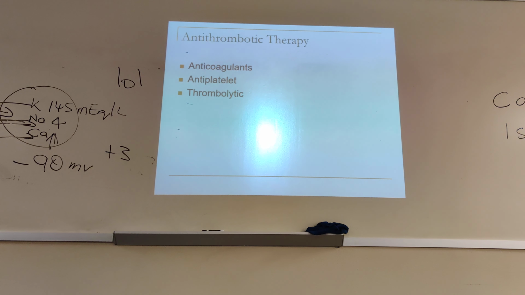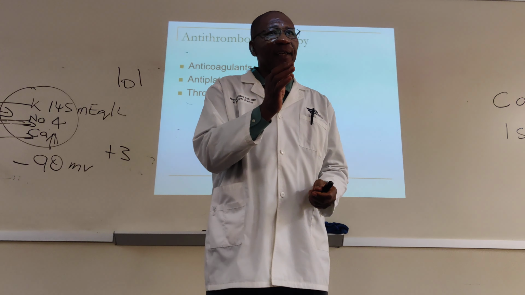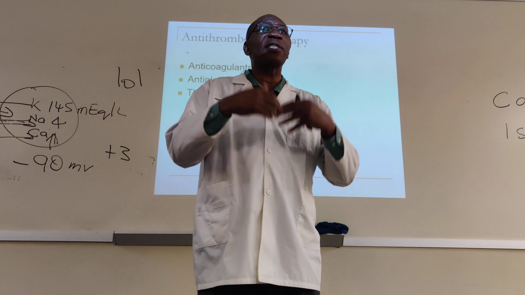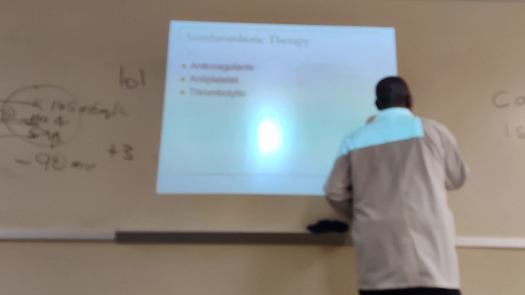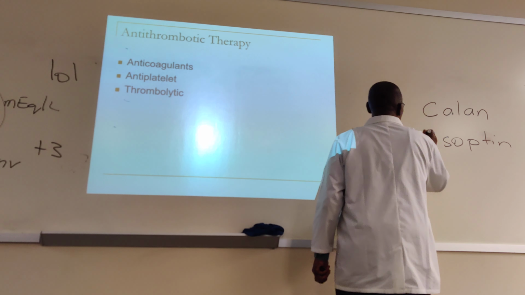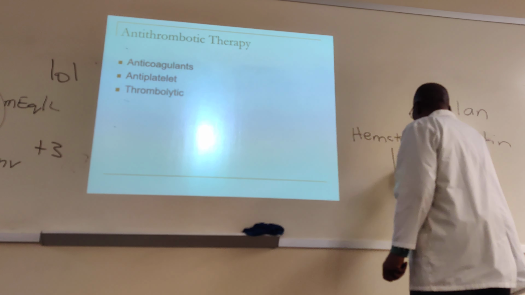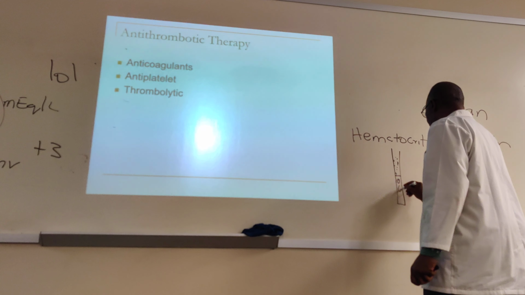Okay, antithrombotic therapy. Okay. These are blood pressure medications as well. Anticoagulant. Now think about it. If somebody has CHF, but their blood is very thick, because your blood gets very thick when you have more cells in it. There's something called the hematocrit. This is where you compare the liquid portion of the blood and the cells.